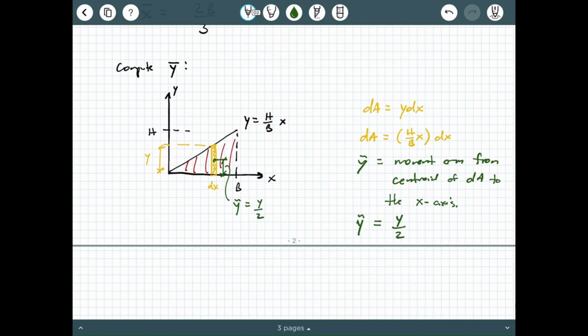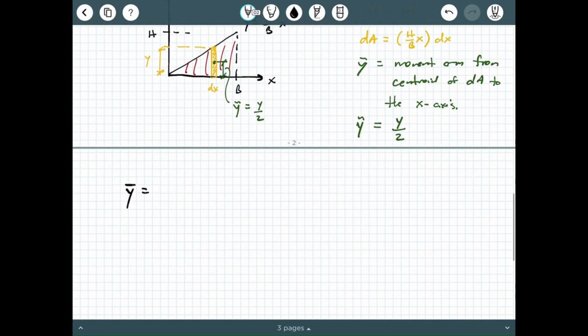Again, y tilde is going from the x-axis to the center, or the centroid, of the slice dA. And if dA has a height of y, then y tilde has to be a height of y over 2. So there's my y tilde.